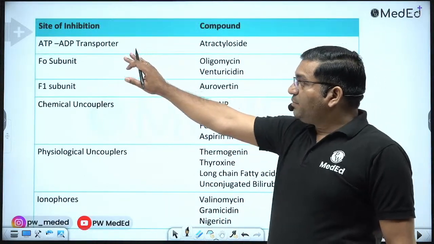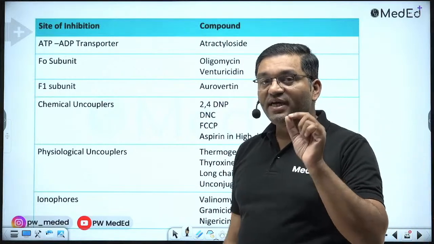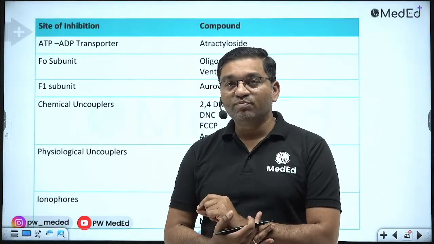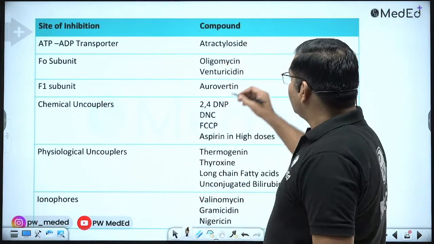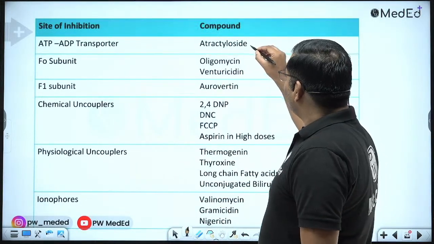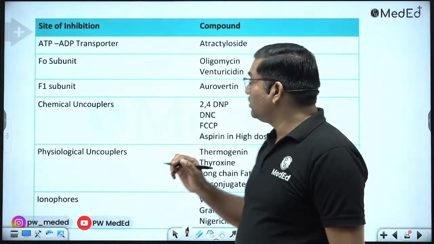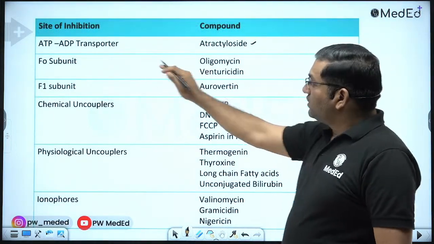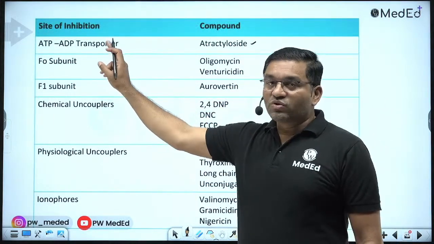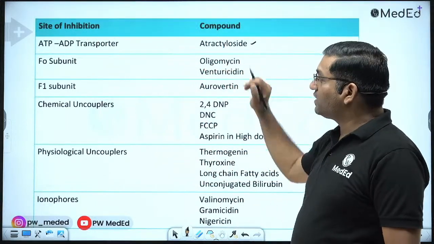See, the ATP-ADP transporter, which is important for the movement of ATP and ADP, is inhibited by atractyloside. This is an inhibitor of oxidative phosphorylation. The ATP-ADP translocase is inhibited by atractyloside.